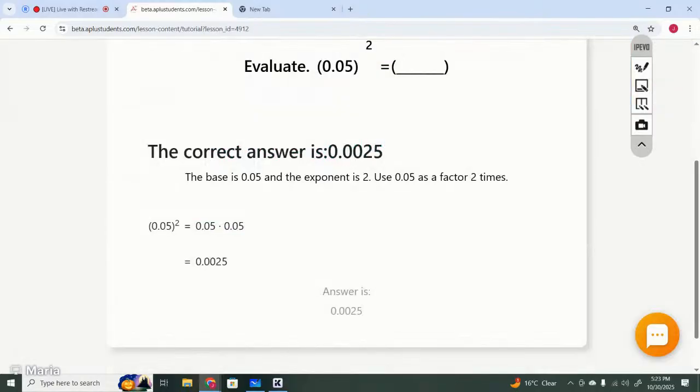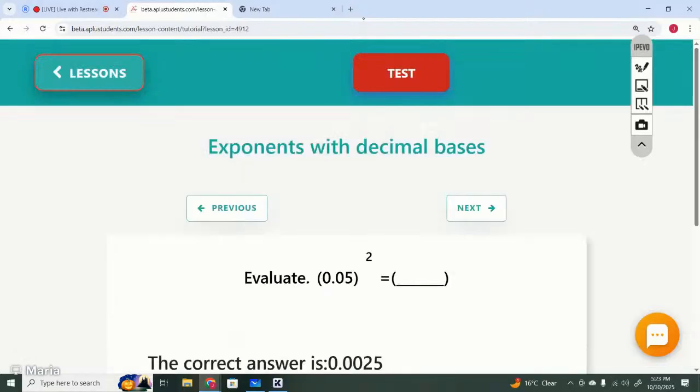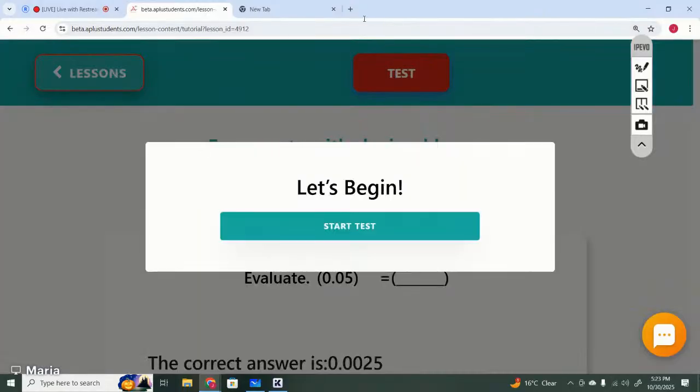That means you need to multiply 0.05 by itself two times. So you have to do 0.05 times 0.05. So their product is 0.0025. Let's just start with the test questions.